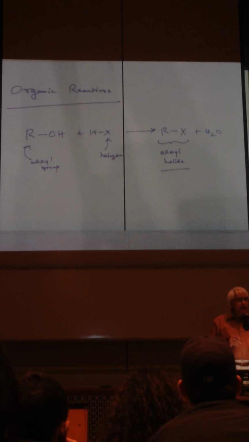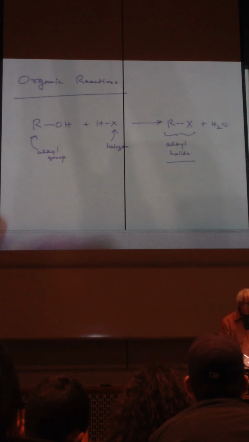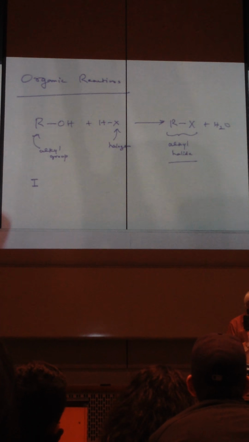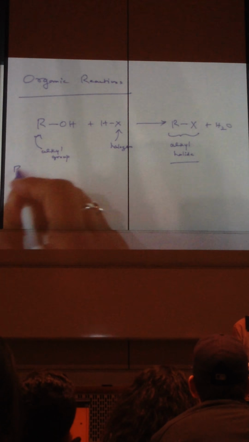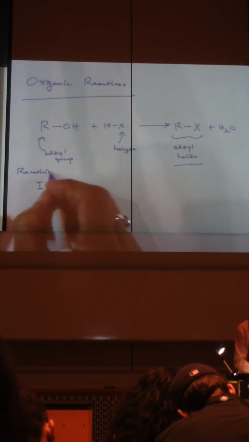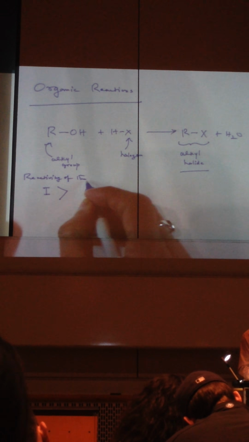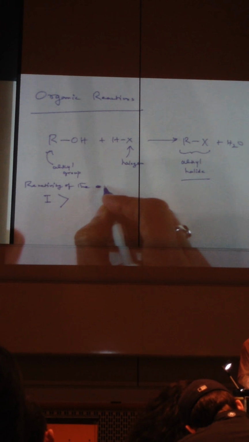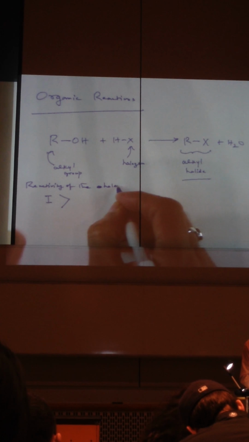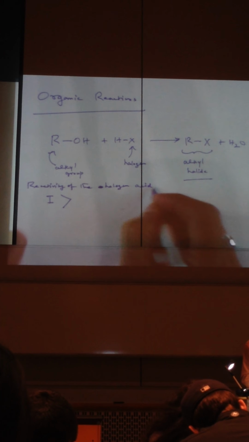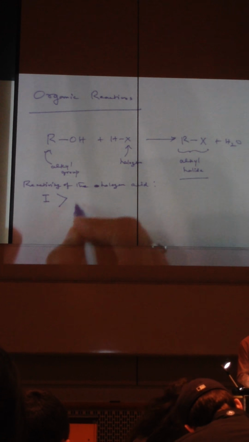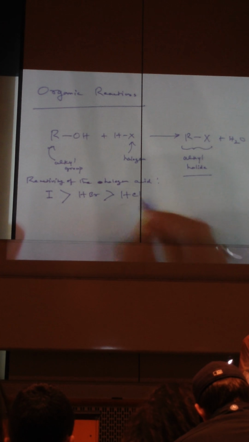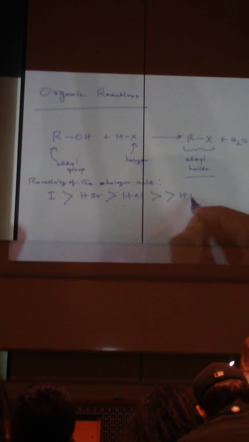One pattern that we see is if the halogen goes from typically iodine works best, okay, so the reactivity of the halogen acid is typically HI works better than HBr, which works better than HCl, which works much better than HF.